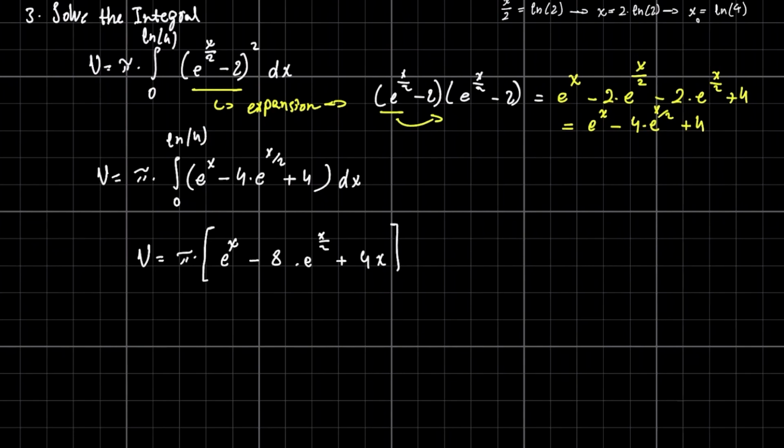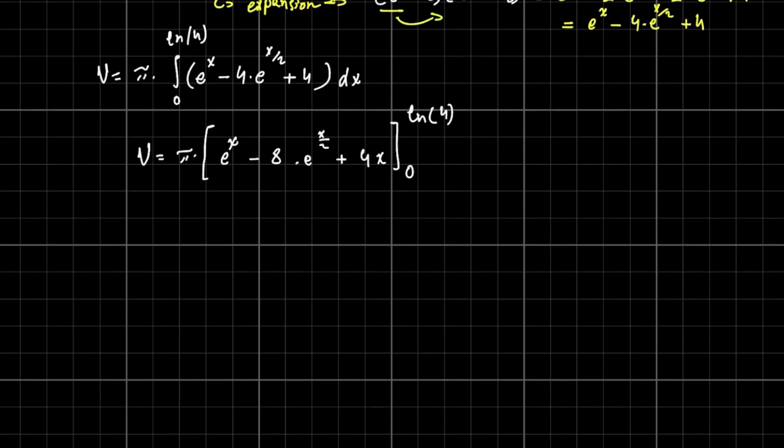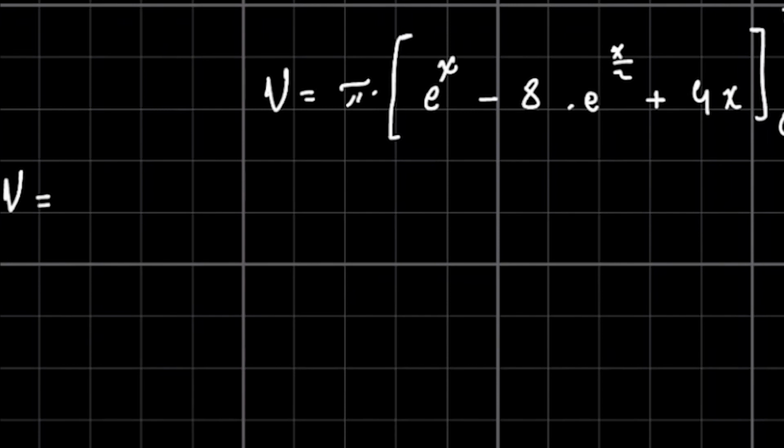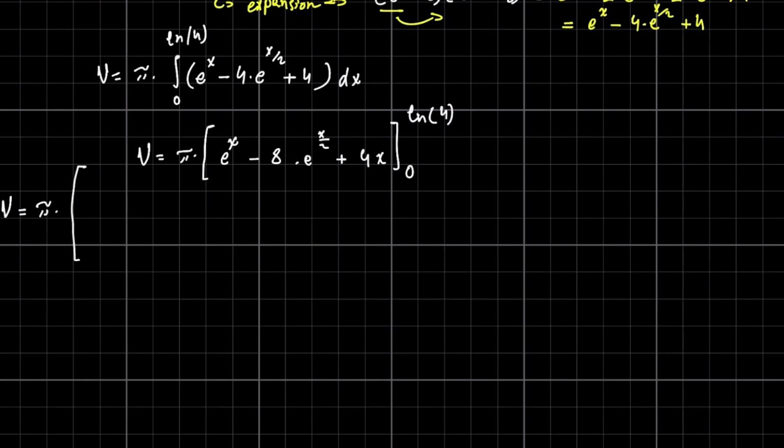And now I apply my boundaries, 0, and that means I'll have to subtract. So I'll have here v is equal to pi, and I'll pull pi out, so I'll multiply pi with the whole operation of finding the value of the integral, the numerical value, so to say. Now if pi is multiplied by, now I take my first boundary, b, and I substitute for x.